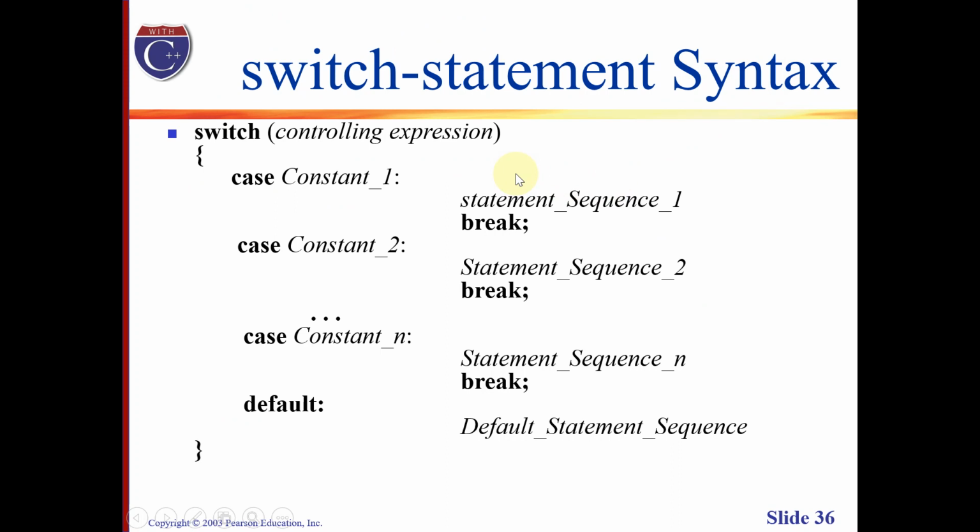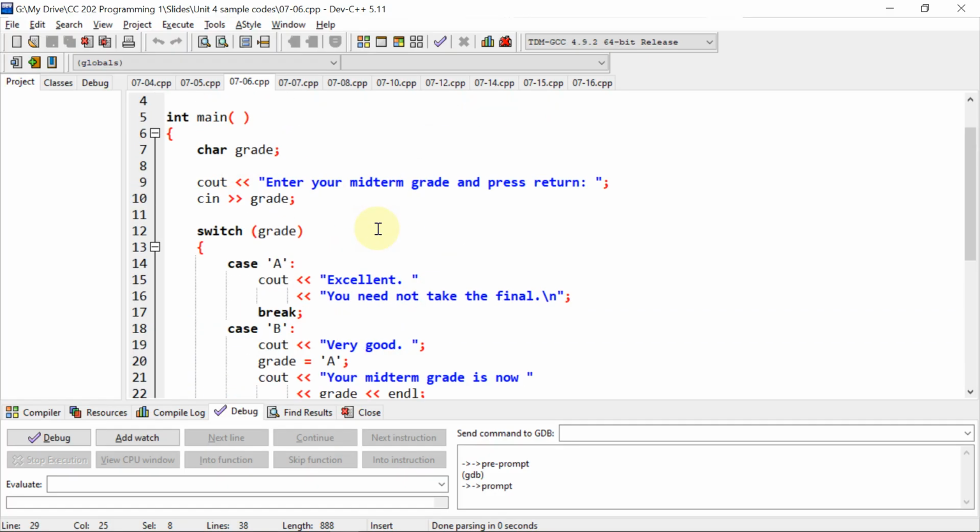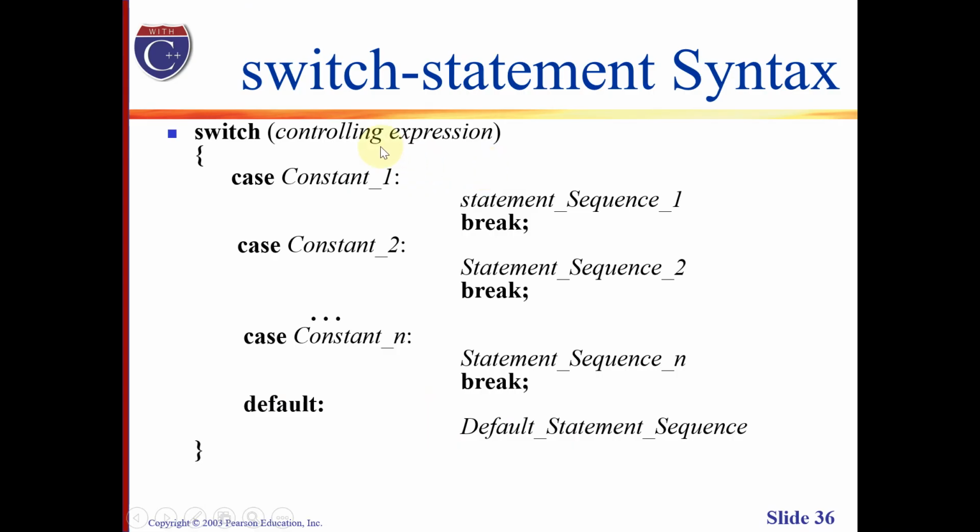Now, let's look into the details of the switch statement by looking at its syntax. As you can see here, we have the keyword switch, and then we have the controlling expression, which in this case is the variable grade. And for each branch, we call them a case.